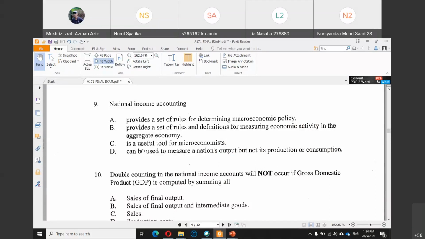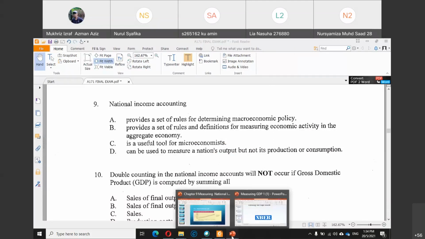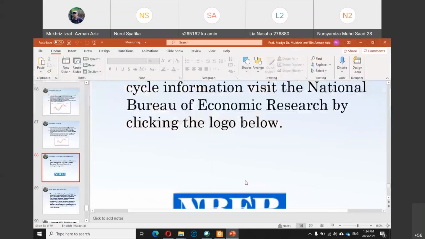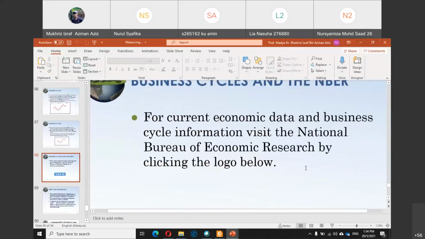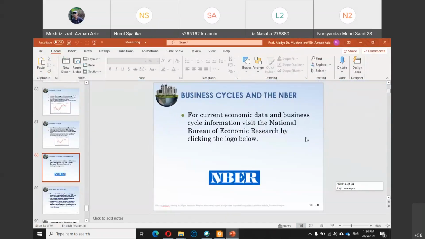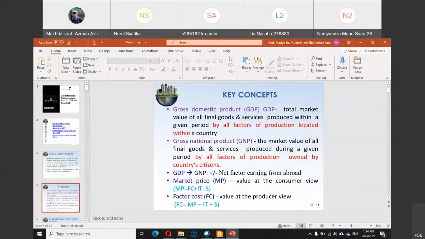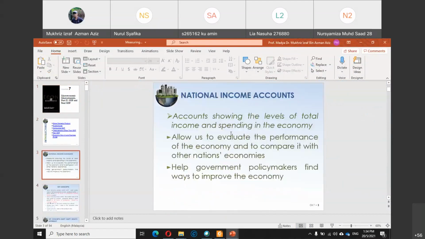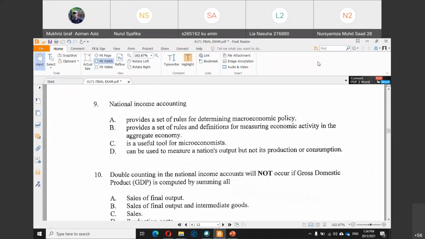First, what is national income accounting? This is the definition from the beginning part of chapter 9 that we covered this week. What is national income accounting? That is what is being asked here. So what should be the correct answer?